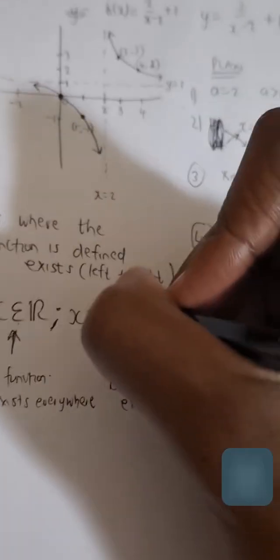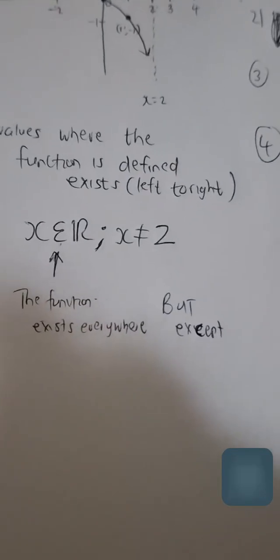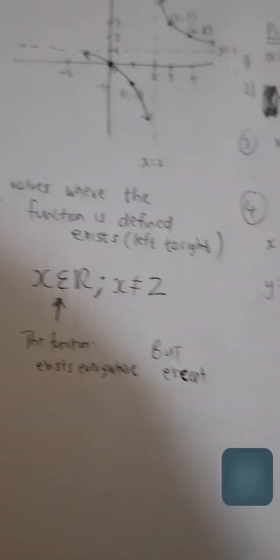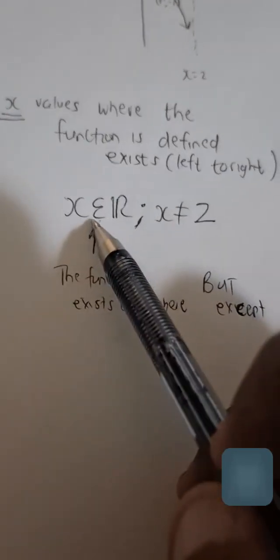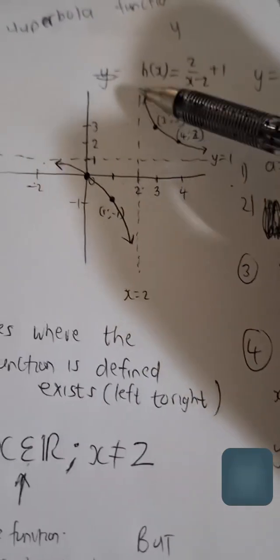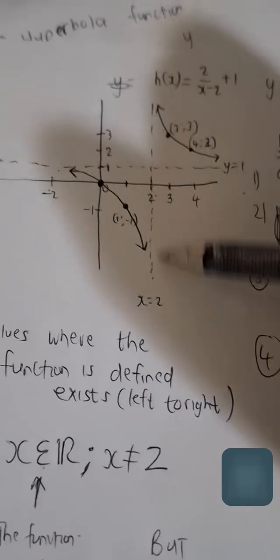In other words, x cannot be 2. Are you with me? Yes. All right, so that is very important for the domain. When you are telling me the domain of this function, first and foremost, you need to check where the exception is.